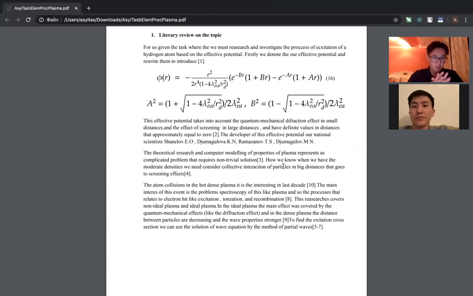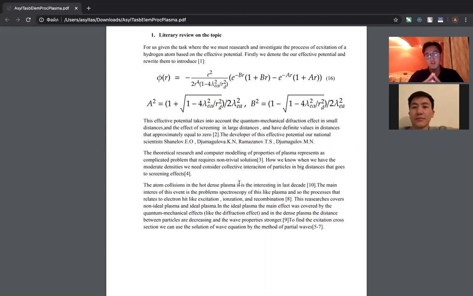The effective potential takes into account the quantum mechanical diffraction effect at small distances and the screening effect at large distances, and has definite values at distances approximately equal to 0. The developers of this effective potential are our national scientists at the University Kaznu: Shanelov, Jumagulova, Ramazanov, and Jumagulov.